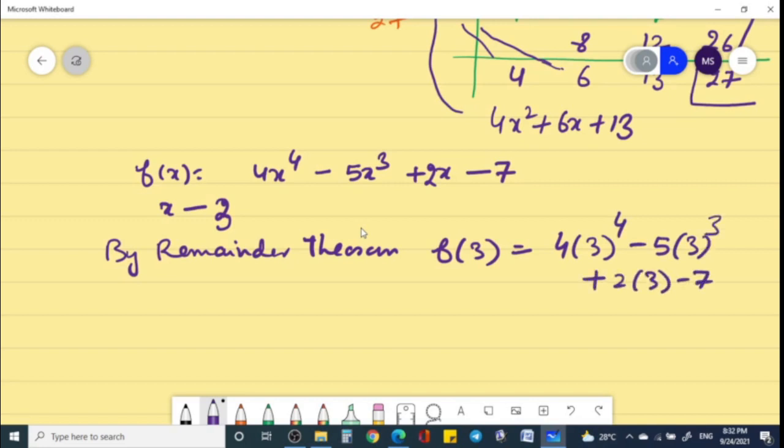So now you can write 4 into 81 minus 5 into 27 plus 6 minus 7.